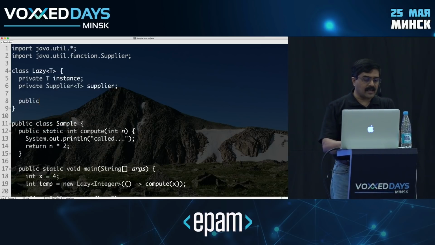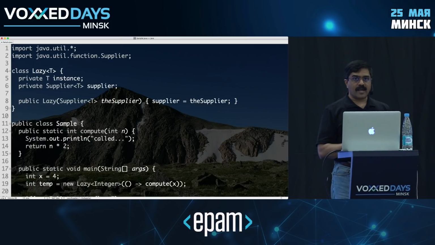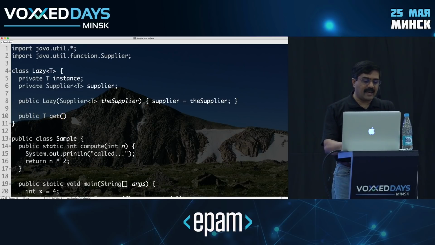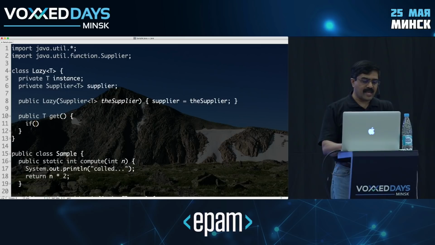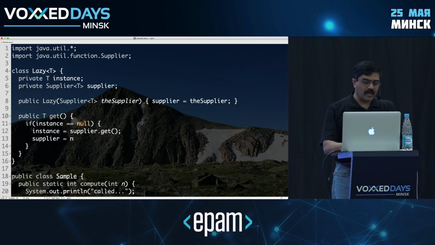So now that we have a supplier, our lazy contains a supplier and an instance of t. Then we can write the constructor for the lazy, where we take the supplier of t, we'll call it the supplier, and all I'm going to do is simply save the supplier equal to the supplier and put it away. Then I can create a public t get function where I can say if the instance is equal to null, then of course what I could do here is instance is equal to supplier.get and supplier equal to null.